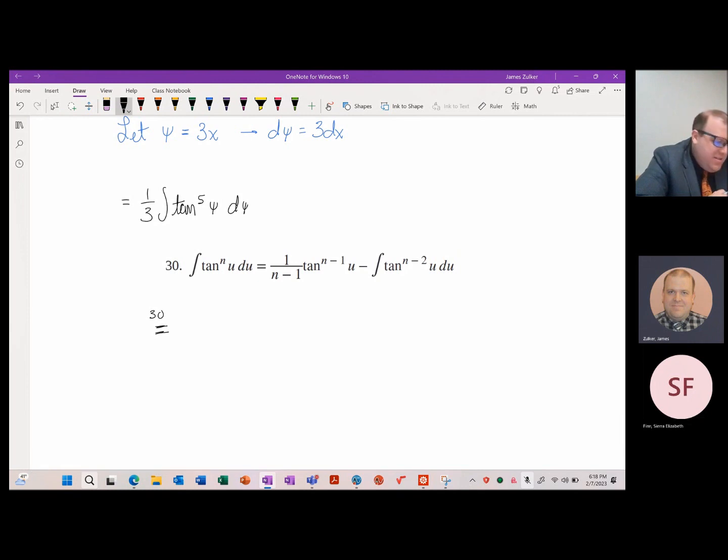Write it. What is n? So the tangent reduction formula says 1 over n minus 1 times tangent to the n minus 1, minus the antiderivative of tangent to the n minus 2.